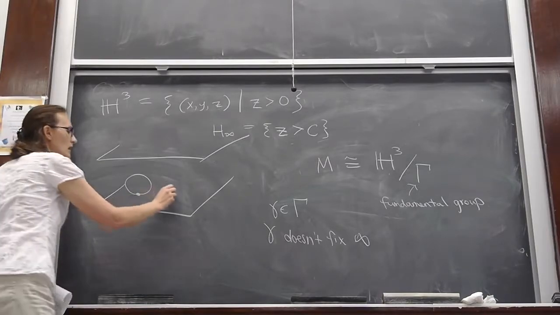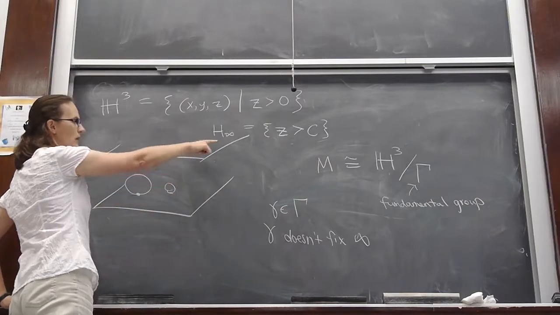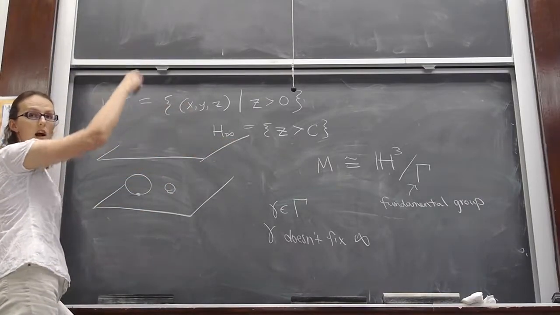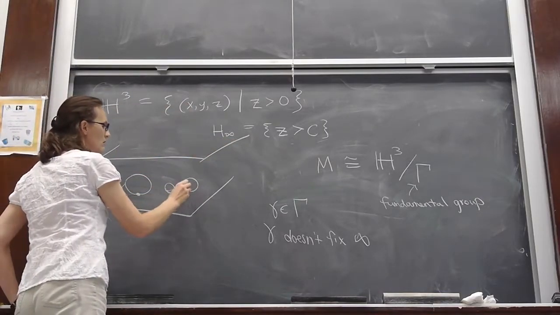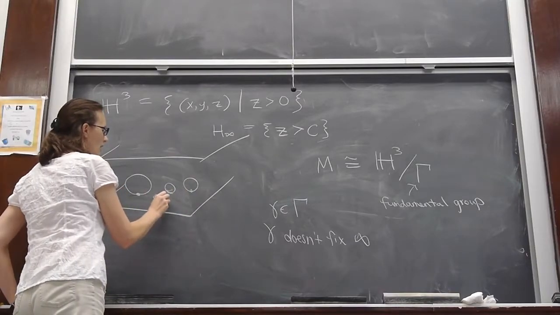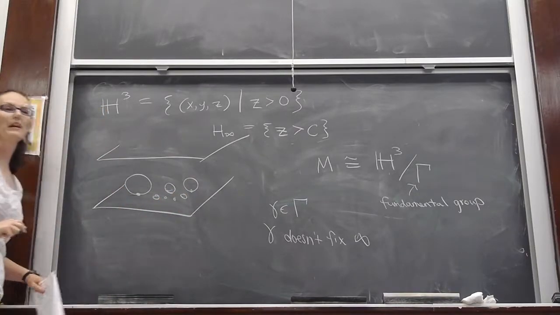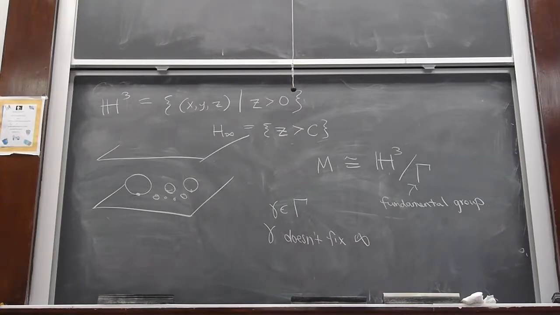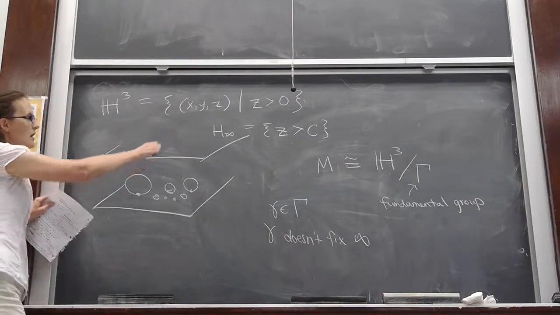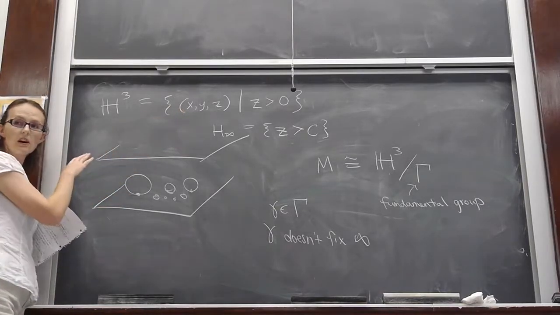Provided you start out with a large enough c, so you're high enough, these are all going to be disjoint, but there are countably many of these things corresponding to countably many group elements. Okay, so if we start high, these are all distinct.